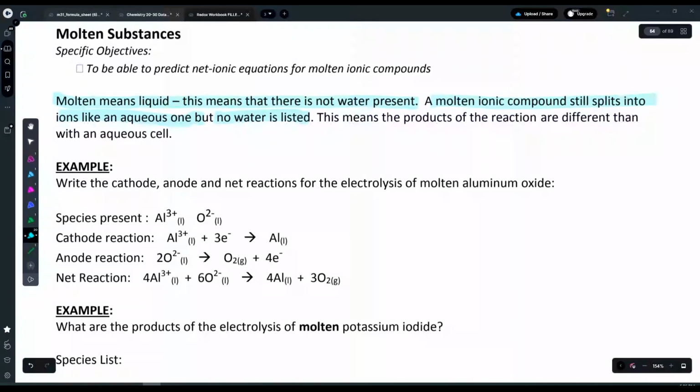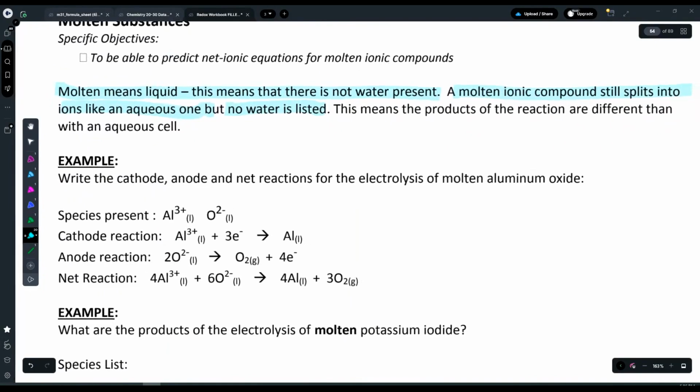Okay, so for example, we've got to write the cathode, anode, and net reactions for the electrolysis of molten aluminum oxide. So the species present, if we have molten aluminum oxide, so aluminum oxide, that's an ionic compound, and since it's molten, that tells us, okay, it's going to be dissociating, so it's going to be splitting apart into its ions.